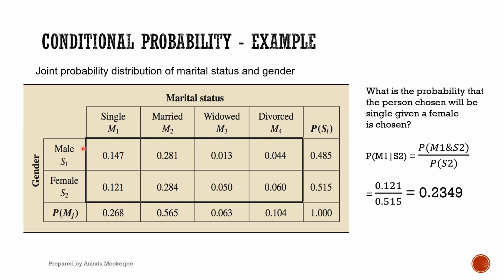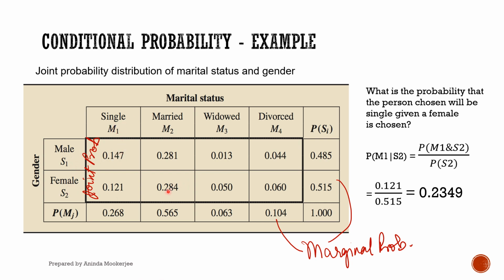Within the box here we have what's called the joint probabilities, correct? These are the joint probabilities. And in the last column and the bottom row, we have what's called the marginal probabilities. So this and this represent the marginal probabilities. The way we read the joint probabilities is, for example, the probability of selecting somebody who is a male and single.